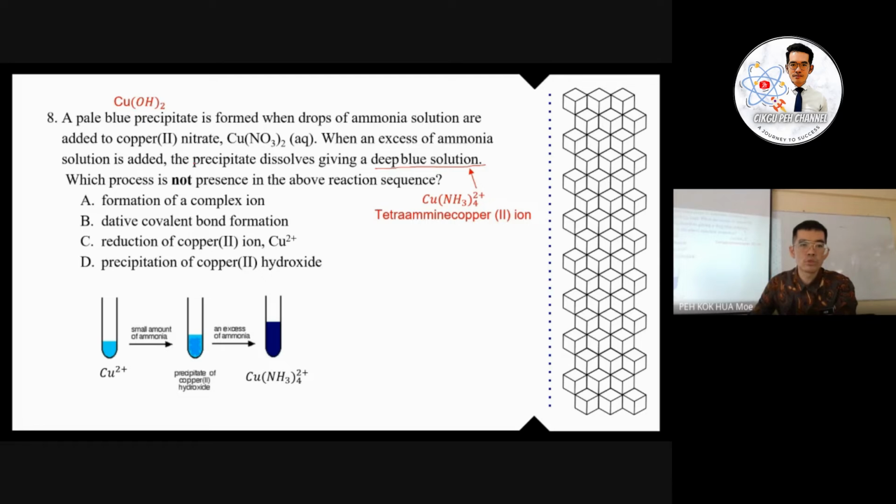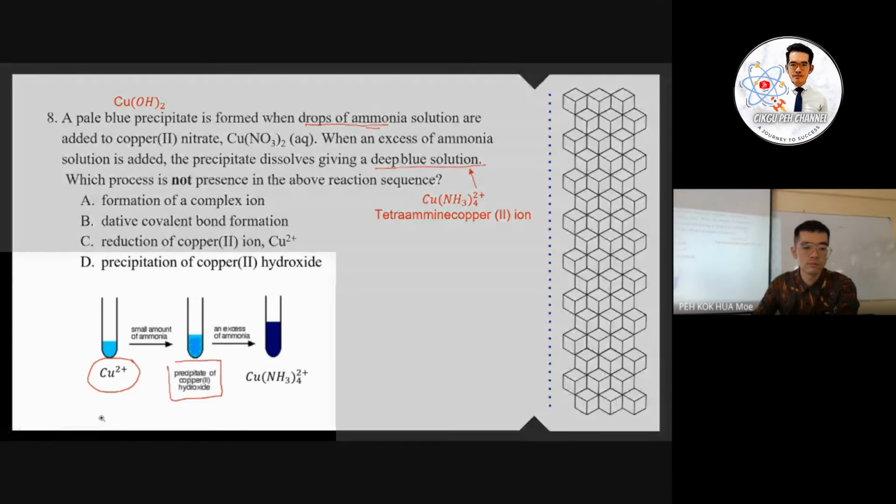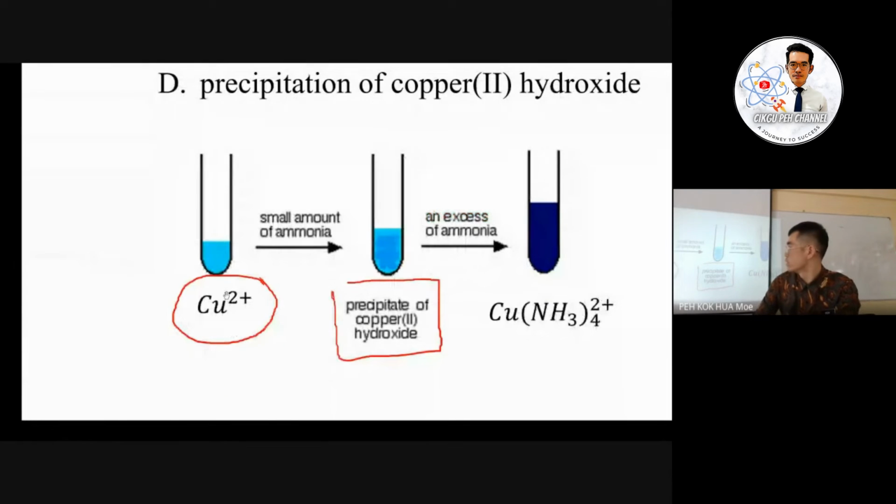The copper(II) nitrate provides the Cu2+ ion. When only a few drops of ammonia solution are added, the precipitation of copper(II) hydroxide, which is pale blue in color, will appear like this, since there is only a small amount of ammonia.